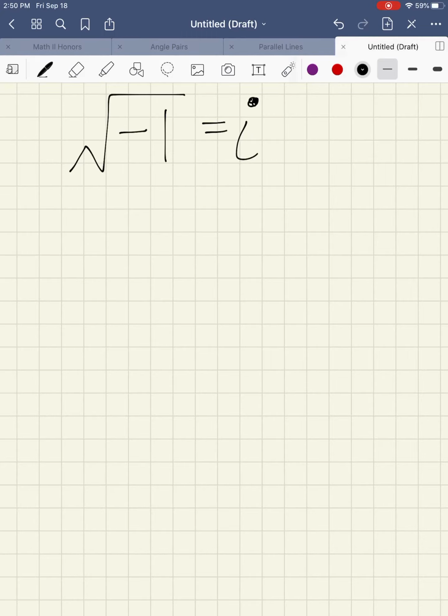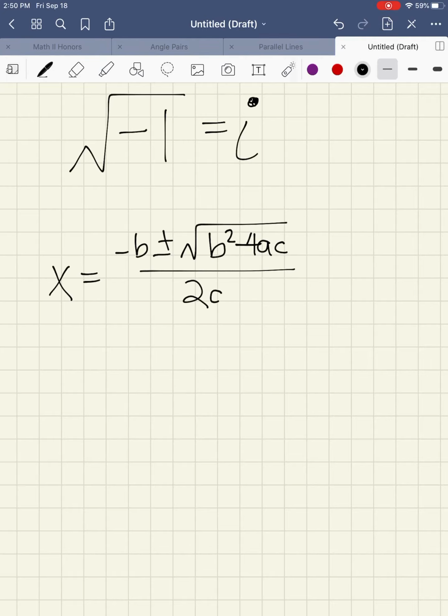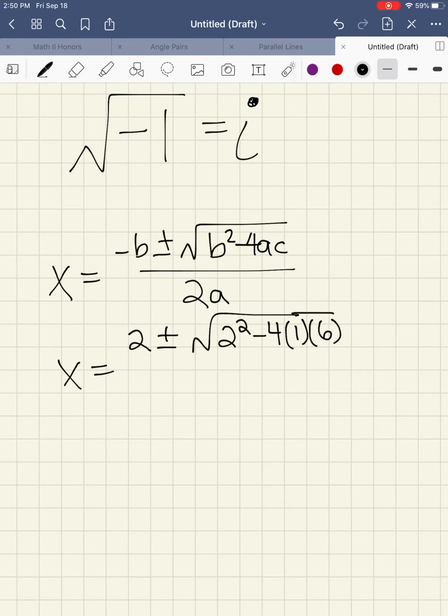So if you have something, for example, let's say when you're doing the quadratic equation, you have x equals -b plus or minus the square root of b squared minus 4ac, that's a minus, all over 2a. Let's say somehow that you end up with x equals 2 plus or minus the square root of 2 squared minus 4 times 1 times 6, all over 2.